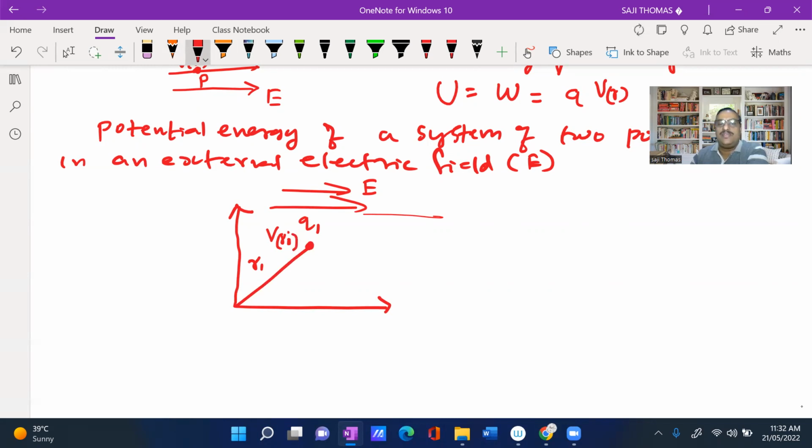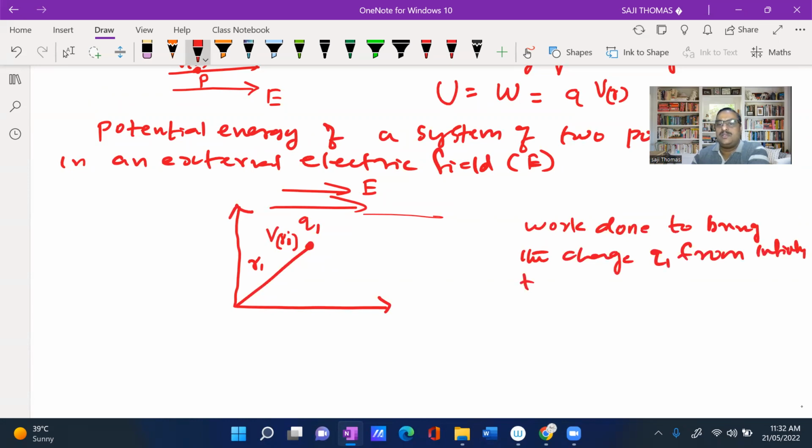So the potential is V(R1). The work done to bring the charge Q1 from infinity to this point, which I am taking as point A, with position vector R1, is, you know the equation, work done is charge into potential: Q1 into V(R1).